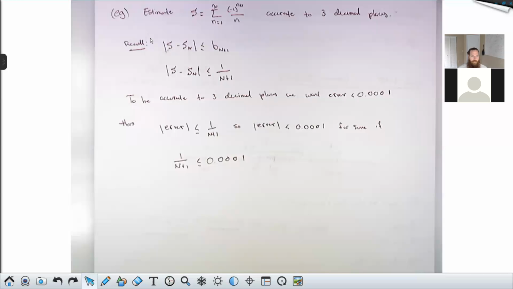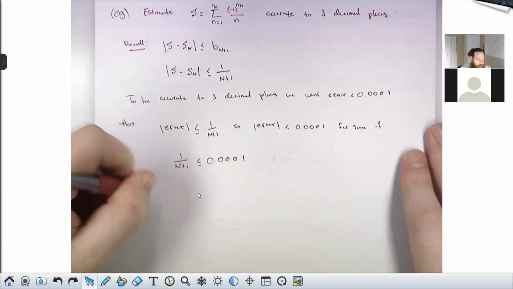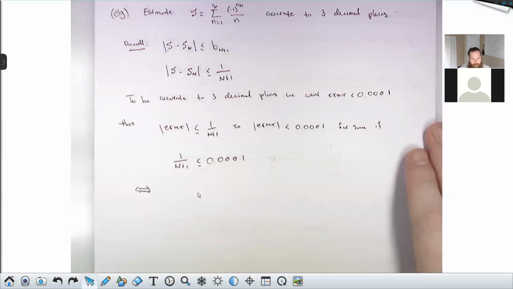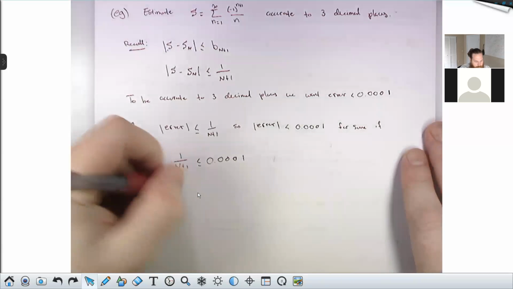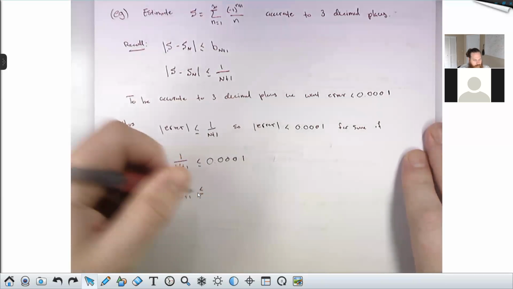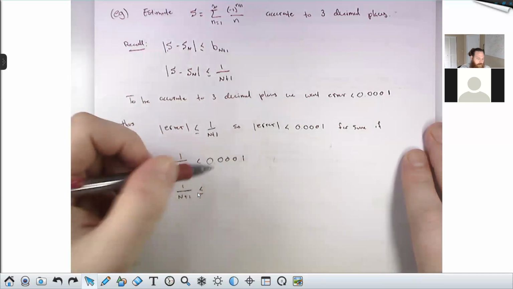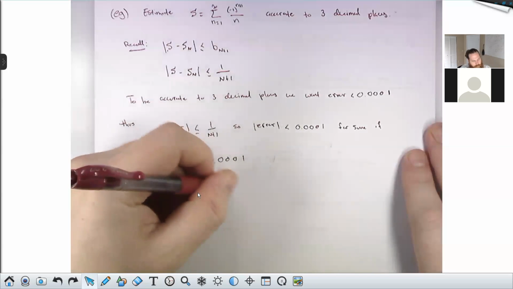So basically in these problems, what you do is you set b sub n plus 1 smaller than your desired error. Then you solve for n. Solving an inequality like this can be challenging. These inequalities are usually nonlinear. The easiest way for me to solve this one is to rewrite this number as a fraction. This is 1 over 10,000.